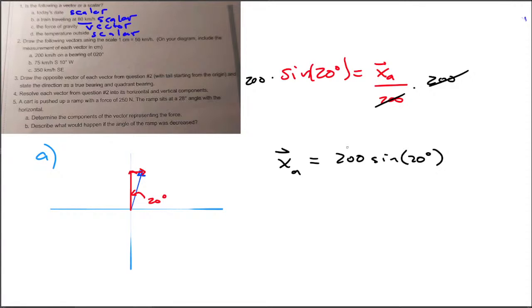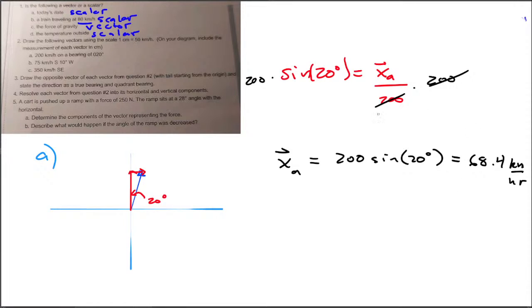Okay, so it's like 68.4. Let's just round it there. So this is 68.4 kilometers per hour, and it's 90 degrees from north. It's east. You could actually just write east. So put a comma after the 68.4 and write east.